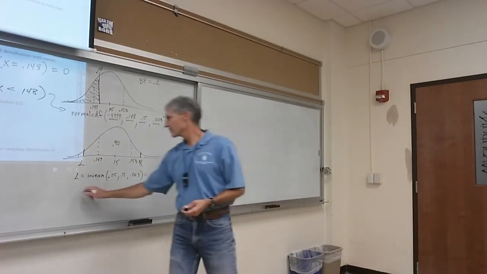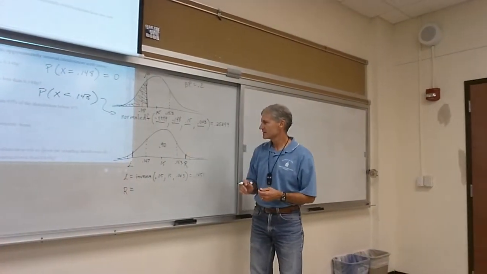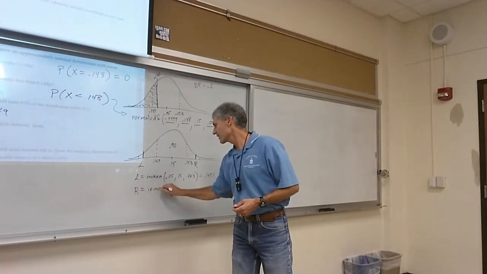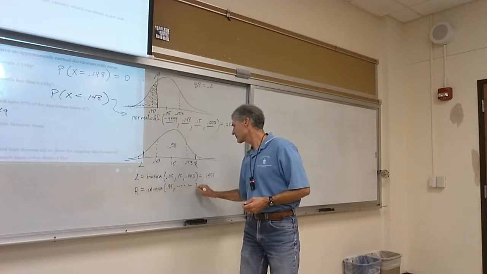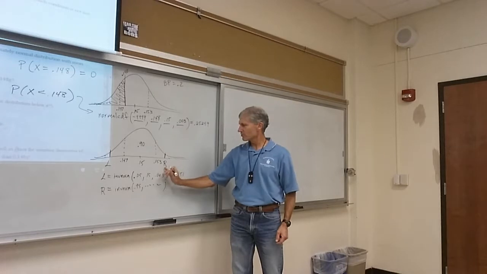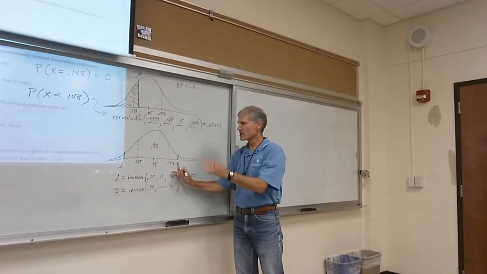And then, what about R? Yeah, we've already done that one, haven't we? Inverse norm of 0.95, the rest is the same. 0.95 because from R down to negative infinity, how much area is there?